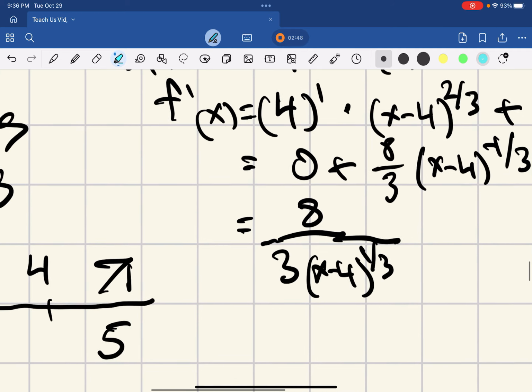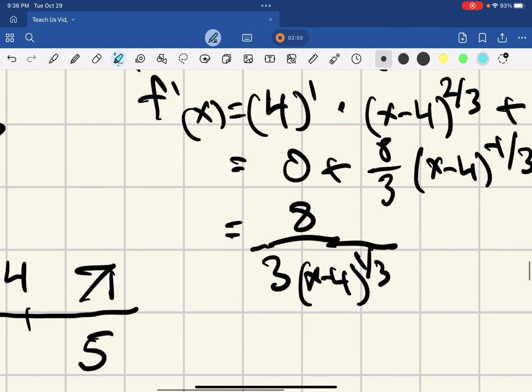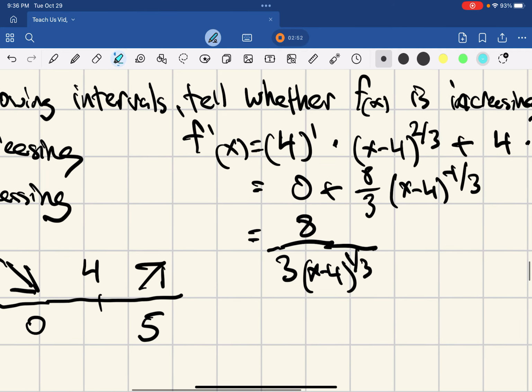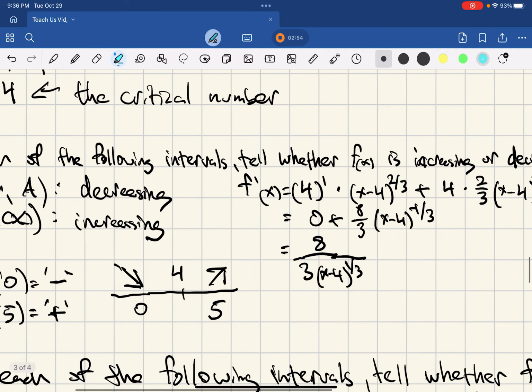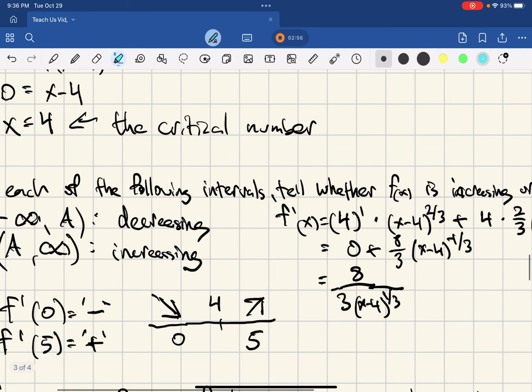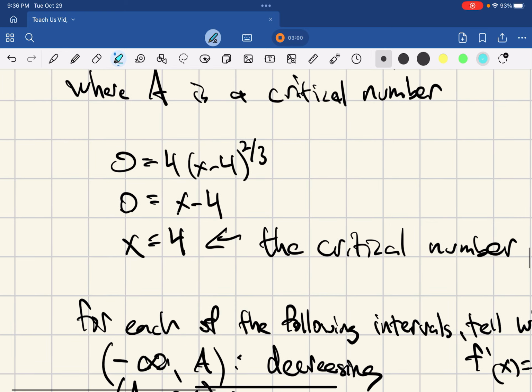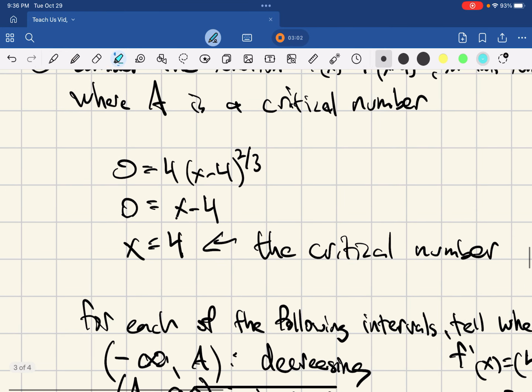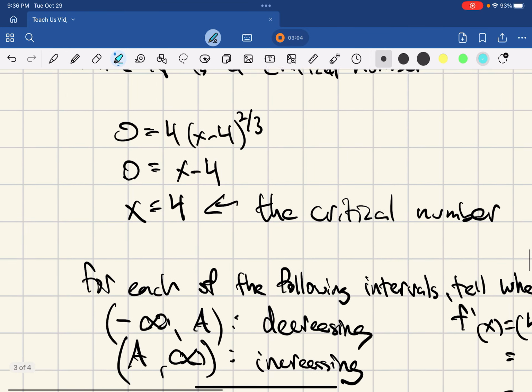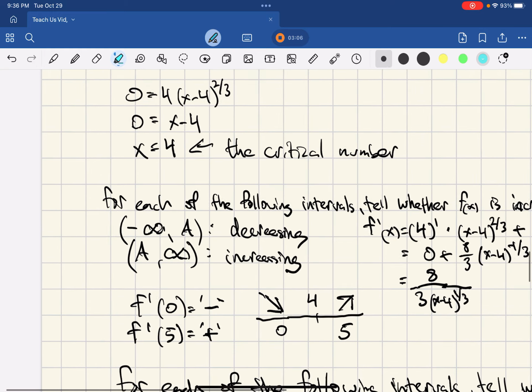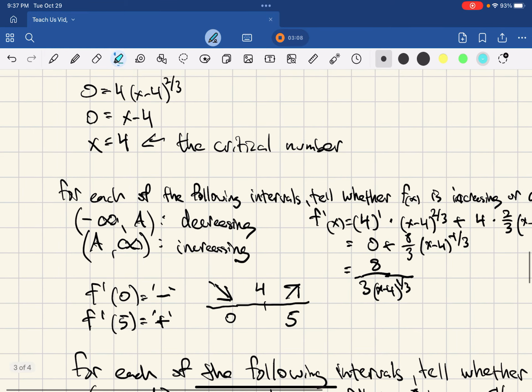There's nothing we can do to the numerator because there's no unknown value on the numerator, which is partially the reason why I did this. I just set the original function equal to 0 and solved, and I also got positive 4 for the critical number.